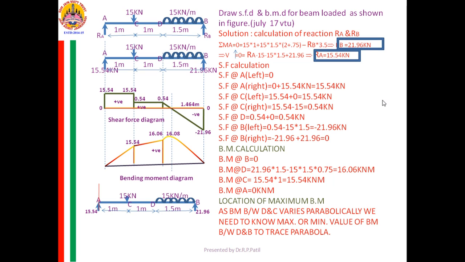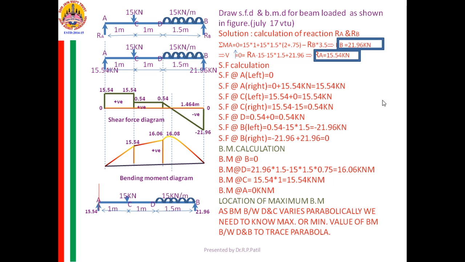Now I need to complete the other part. Like the bending moment at A is 0, bending moment at C is 15.54. These 2 points are to be joined. How to join them? Either you need to take the help of the shear force diagram or the loading.